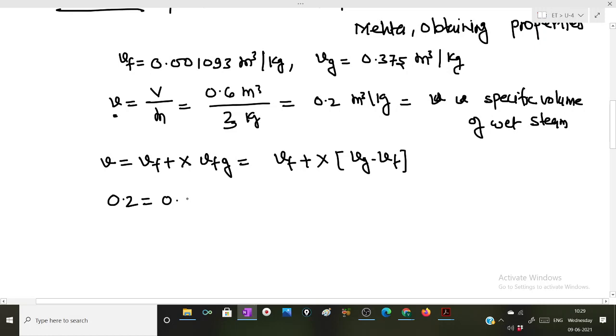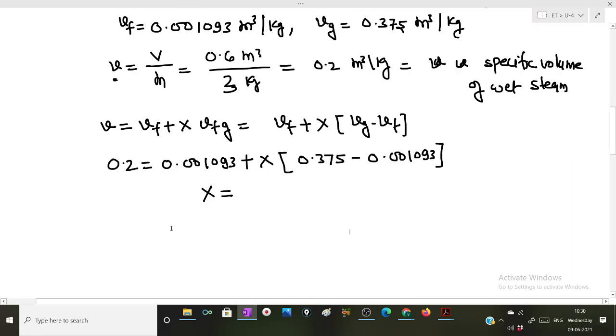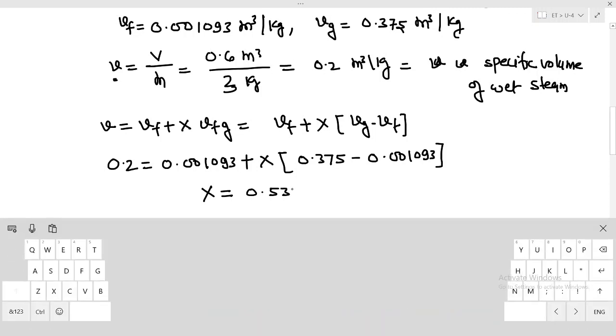The specific volume of dry saturated steam, Vg, is 0.375 meter cube per kg. Dryness fraction is X, so 0.2 equals 0.001093 plus X into (0.375 minus 0.001093). Here, the only unknown is X. So the value of X comes out to be 0.532, and the dryness fraction has no unit, mind well.